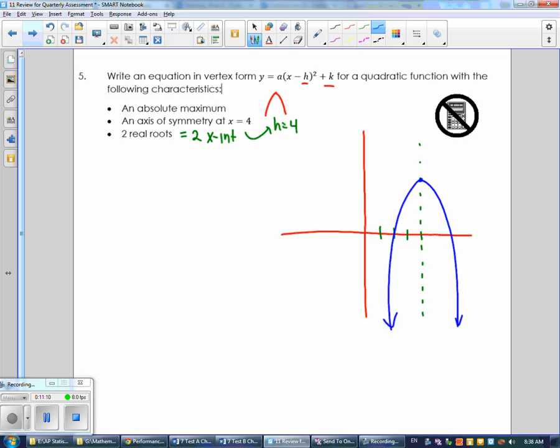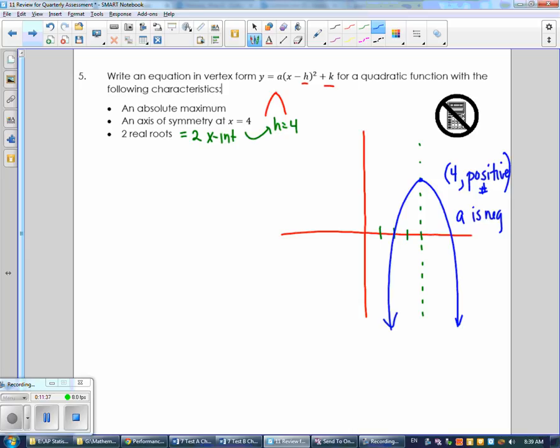And a lot of this is going to be, your answers can vary. So in terms of your vertex, you just need to make sure that your x value is 4 and that your y value is some positive number. And it can be any positive number, really. The other thing you need to make sure is that your a value is negative. And again, it can be any negative value. It doesn't matter which one.